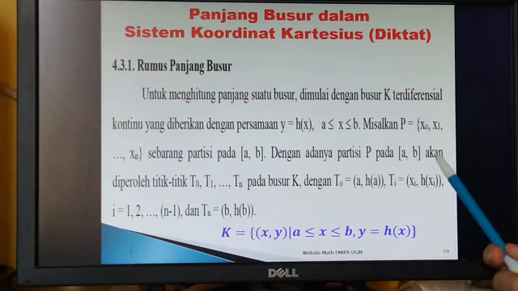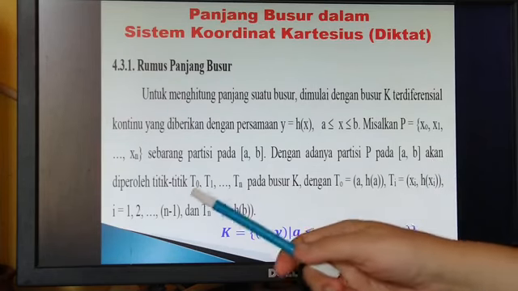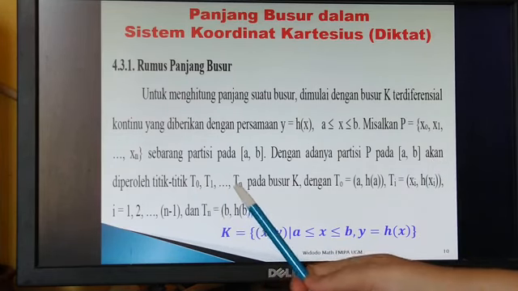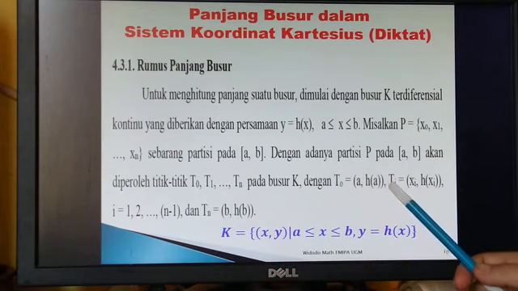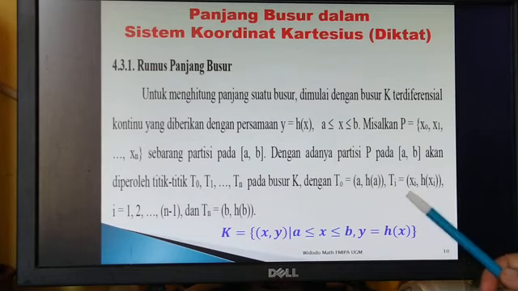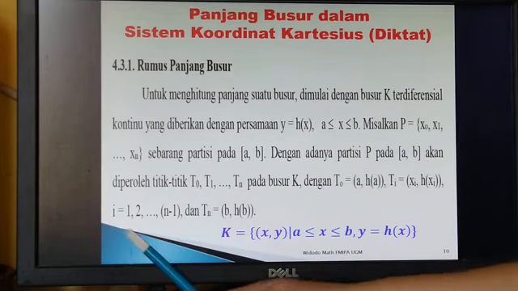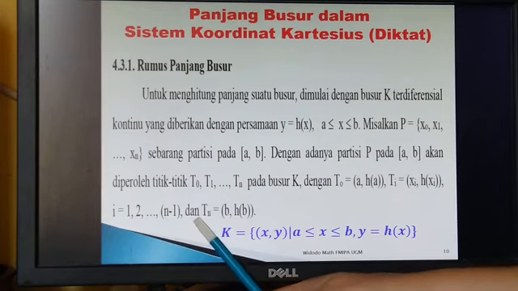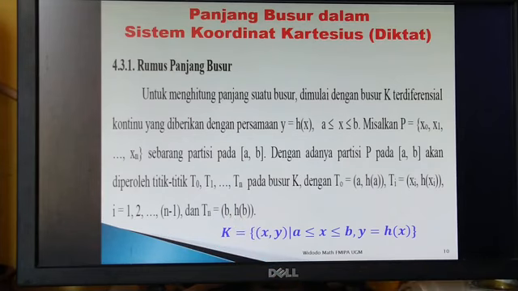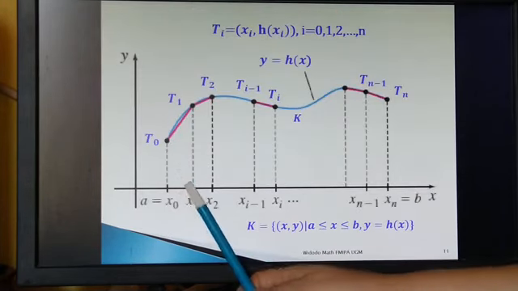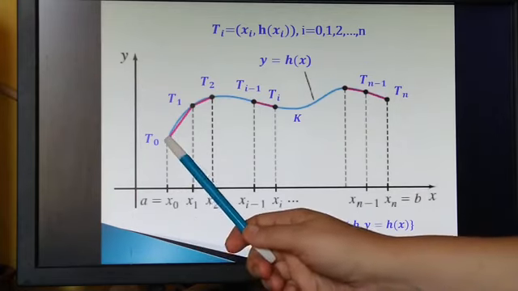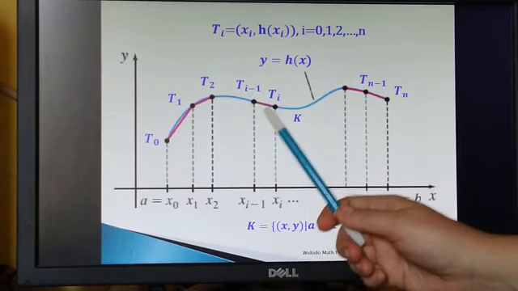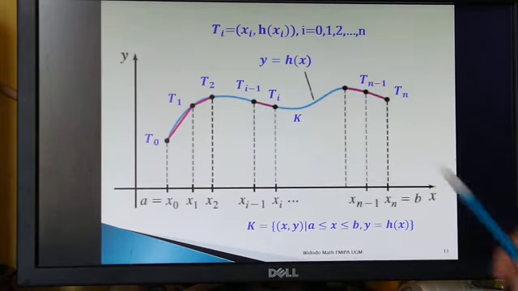By using this partition, we will have points t0, t1, t2, until tn, where t0 is equal to a, ti is equal to xi for i from 1 until n, and tn, of course, is b. So if we have the partition here in the interval, then we have t0, t1, t2, ti minus 1, ti, tn minus 1, tn.